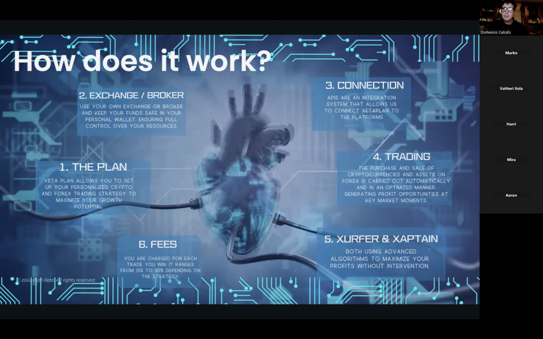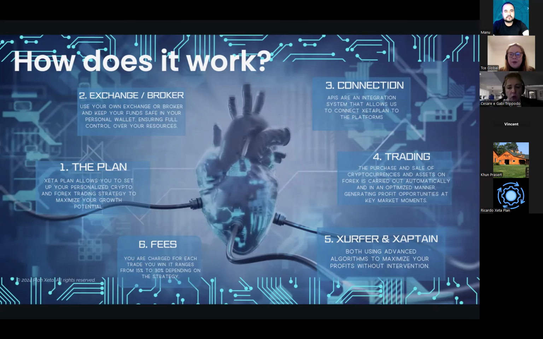Next, we need the trading, because this is real trading that is happening, where you can see the operations that are happening in your exchanges. Next is Surfer or Shapton, which is our amazing system.